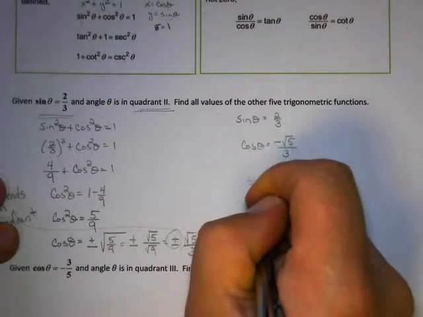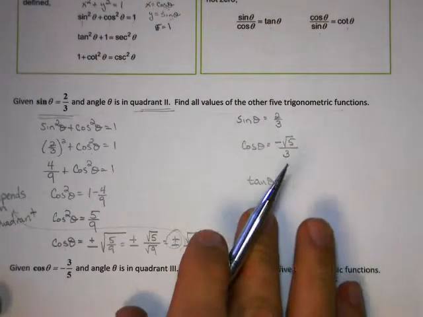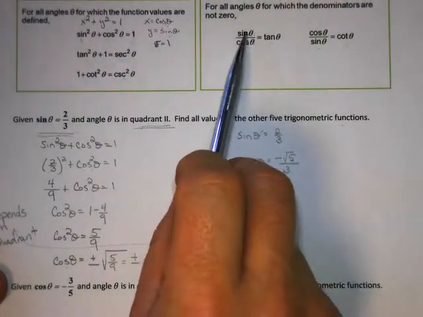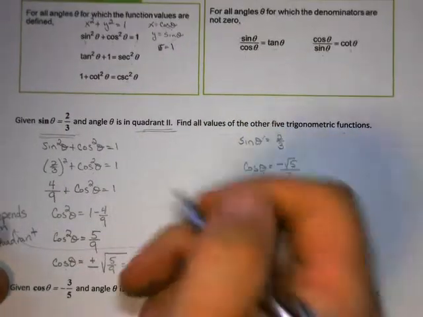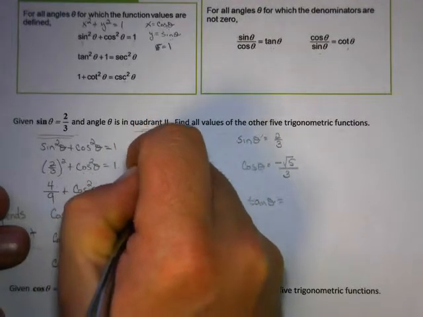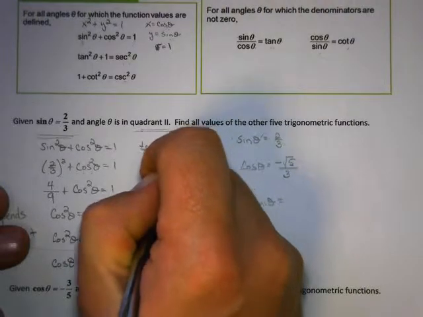Now if we had tan theta, we'd be able to find the other 3 by using our reciprocal identity. Since we know sine and cosine, tangent is sine over cosine. So tan theta equals sine theta over cosine theta.